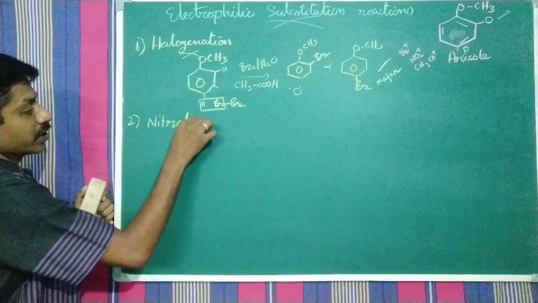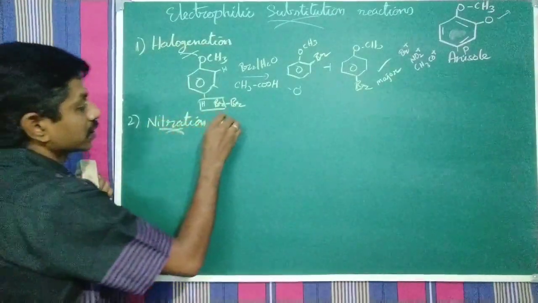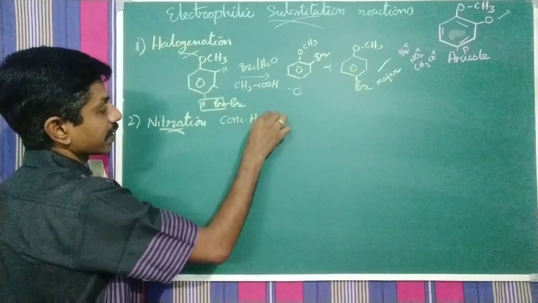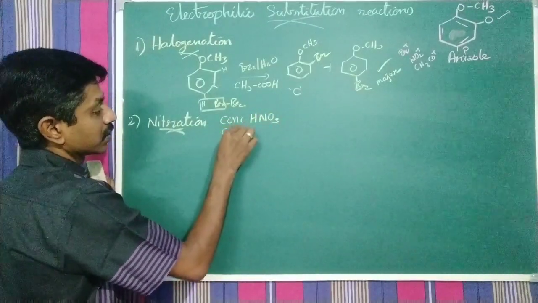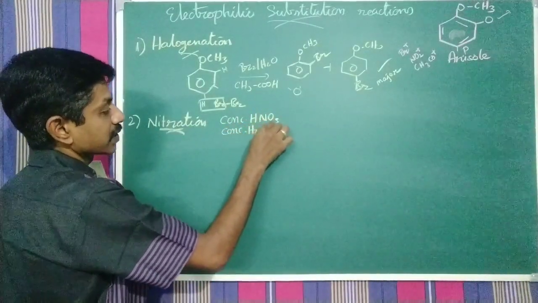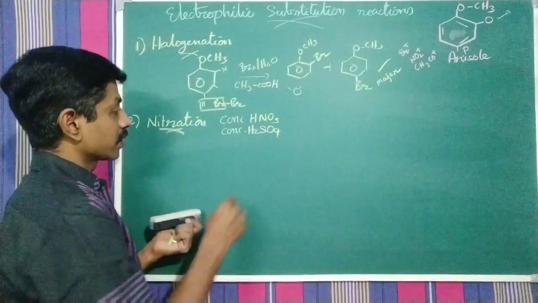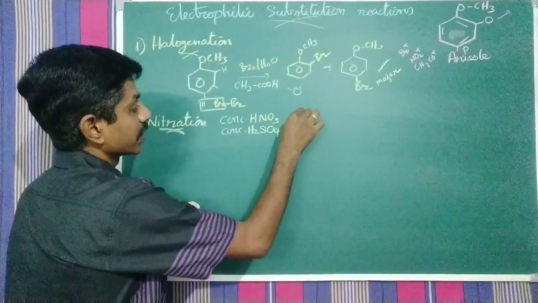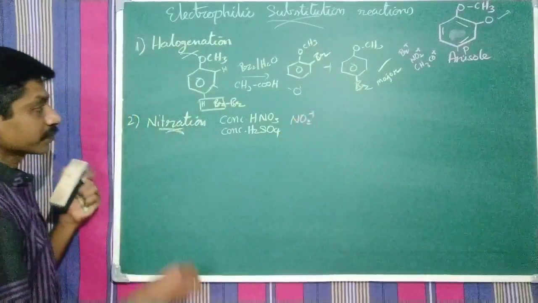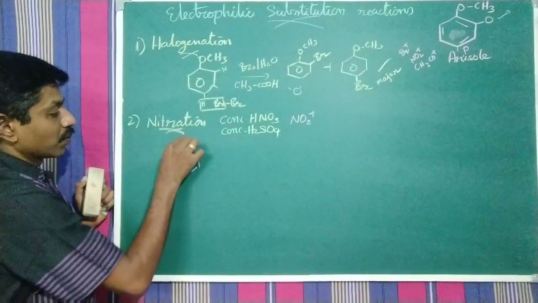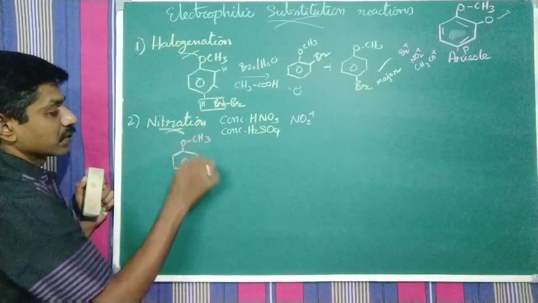So in nitration we have to talk about a nitrating mixture, that is concentrated HNO3 nitric acid and concentrated sulfuric acid H2SO4. The nature of this particular mixture is to give a NO2 plus ion. As usual, the benzene ring and OCH3, this is called as anisole.